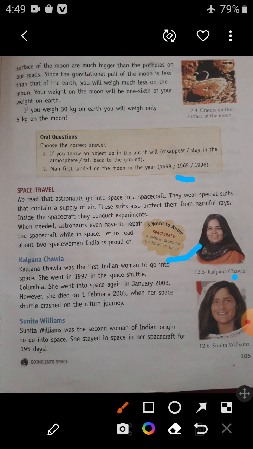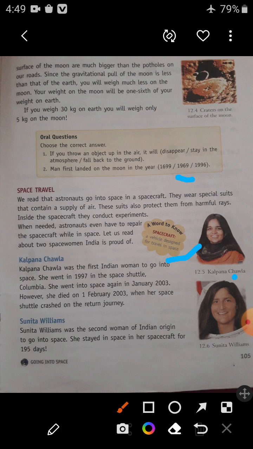So students, these astronauts wear special suits that contain a supply of air, and these suits also protect them from the harmful rays that are found in space.